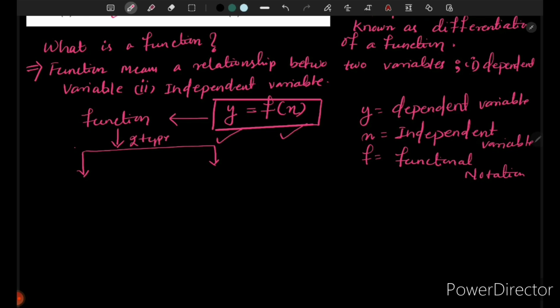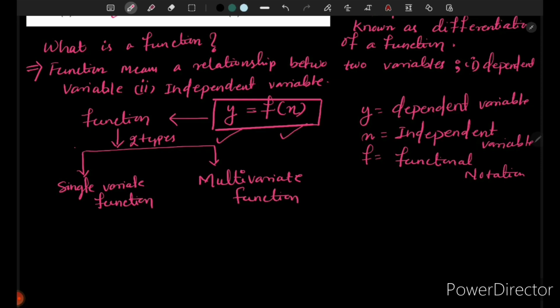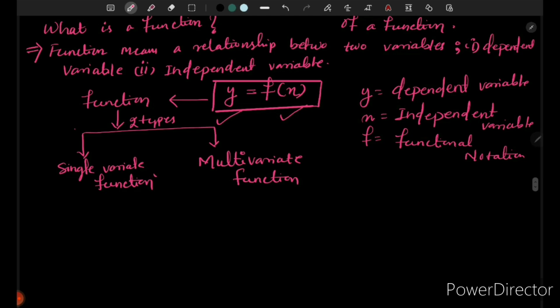Okay, so one is single variate function, another is multivariate function. So I am repeating, function is of two types. One is single variate function and another is multivariate function.